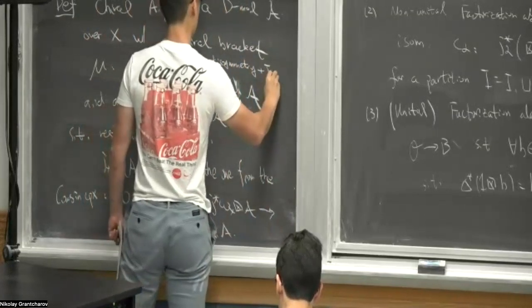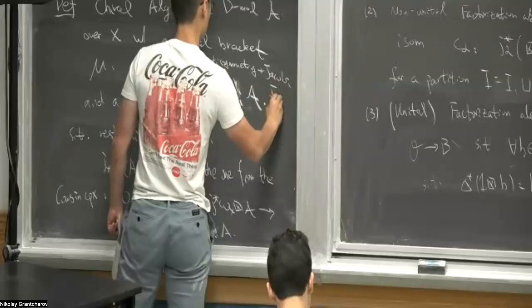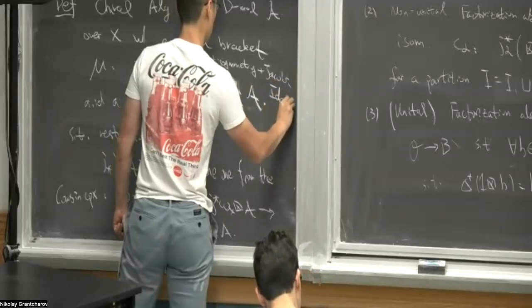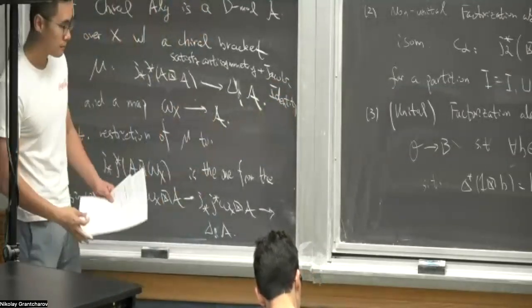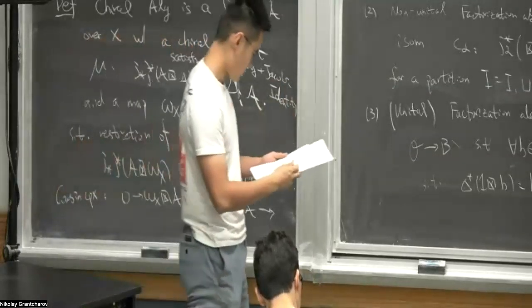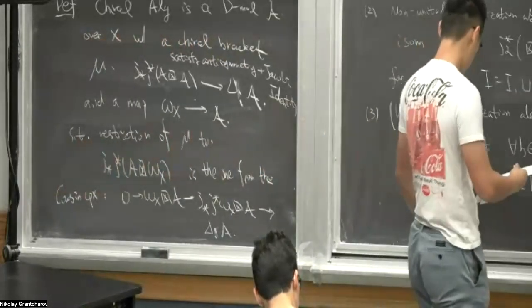Let's take all the identity. Yeah. Okay, so this is the formal definition of chiral algebra.